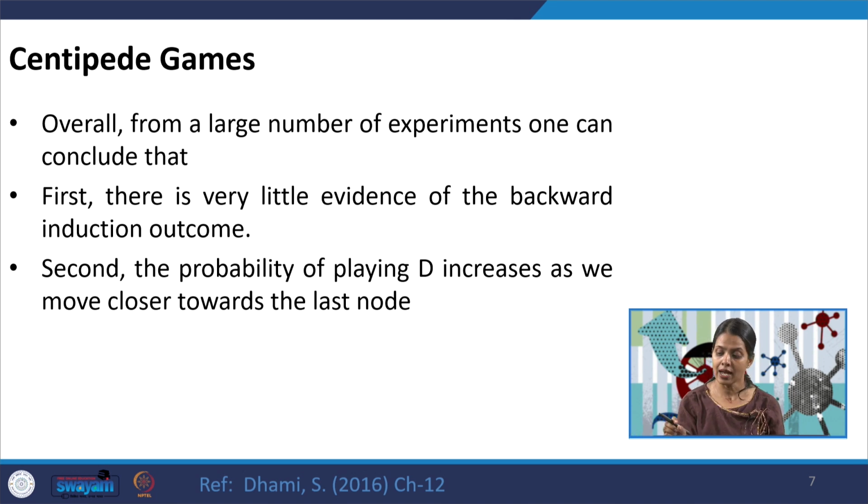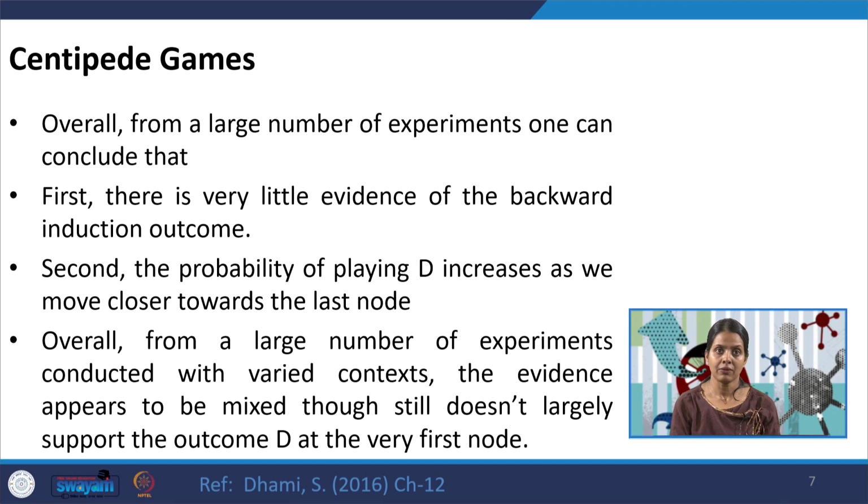So, that is why as we go near the final node, only then we observe that people play the D move or they basically end the game. Overall, from a large number of experiments conducted with varied contexts, the evidence appears to be mixed, though still does not largely support the outcome D at the very first node.